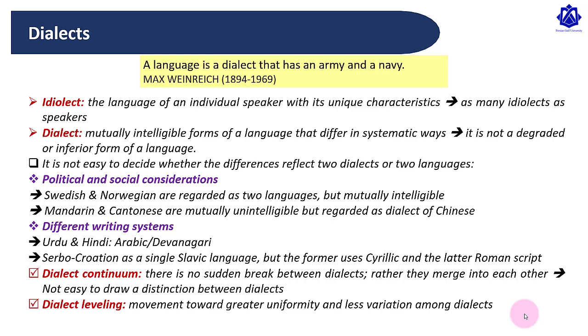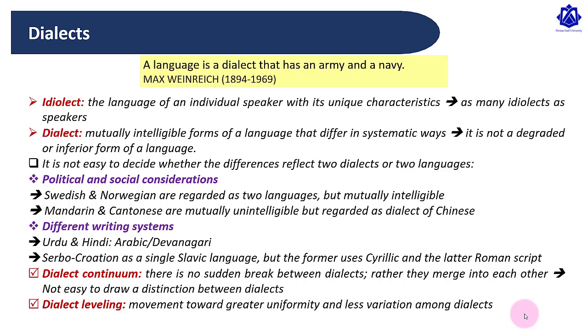In some dialects, they make a difference between two vowel sounds in a word like cot and caught, but in another dialect, they would say them the same. So the differences are systematic, but they are mutually intelligible.